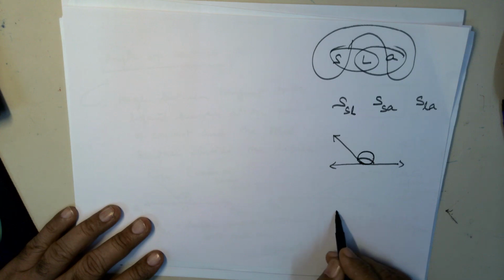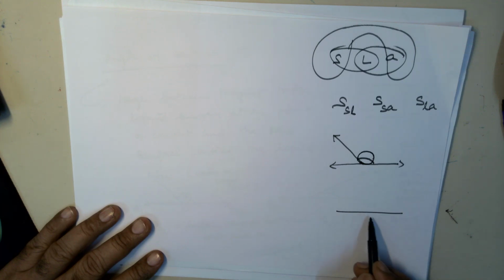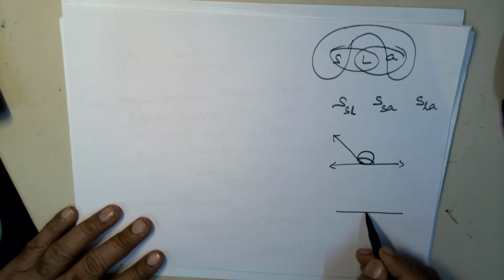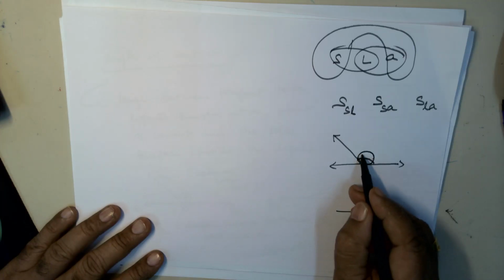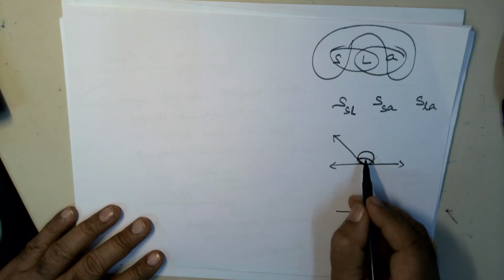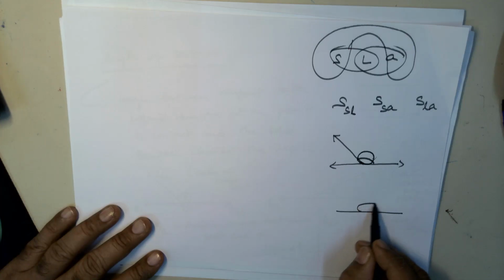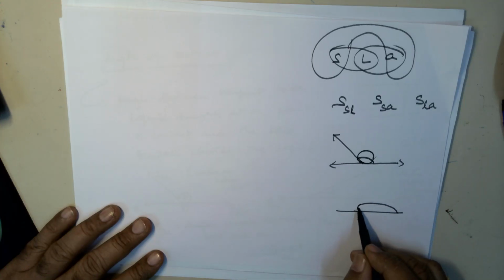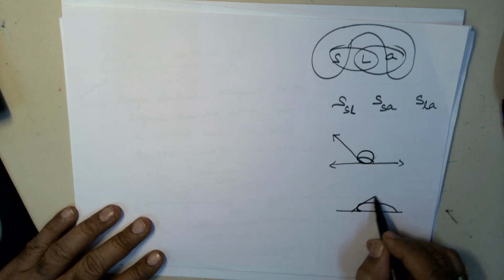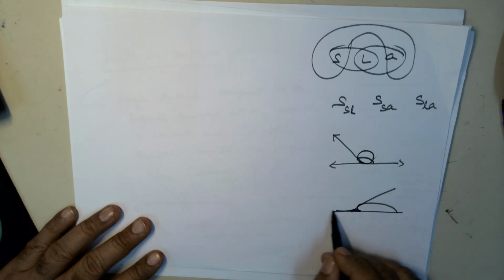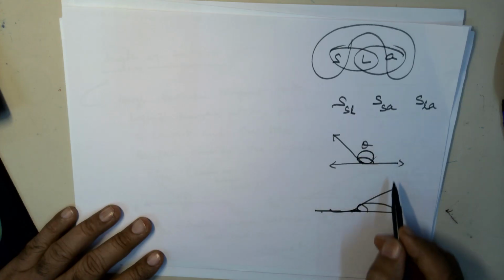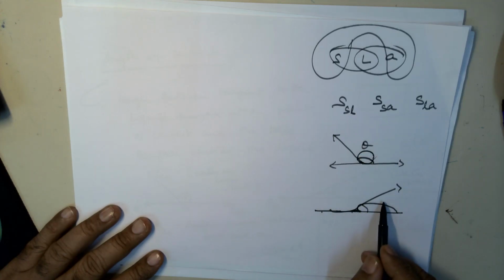But when we use the same water on a plastic plate, this droplet will not be a sphere. It will be like this. It spreads like this, and in this case, the angle of contact will be like this. So this is theta and this is theta.